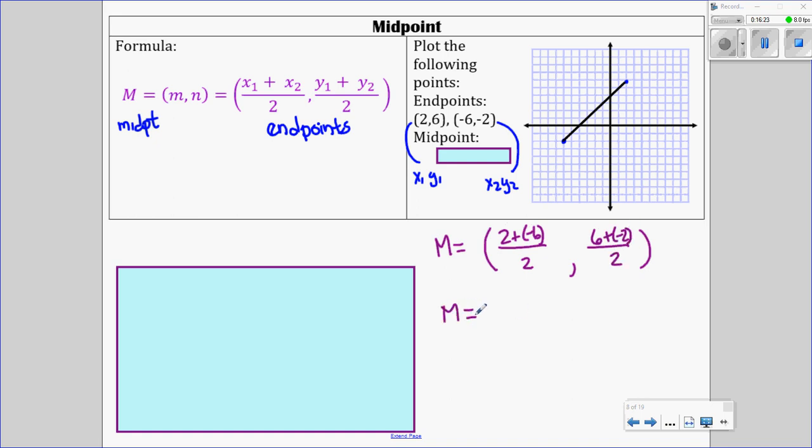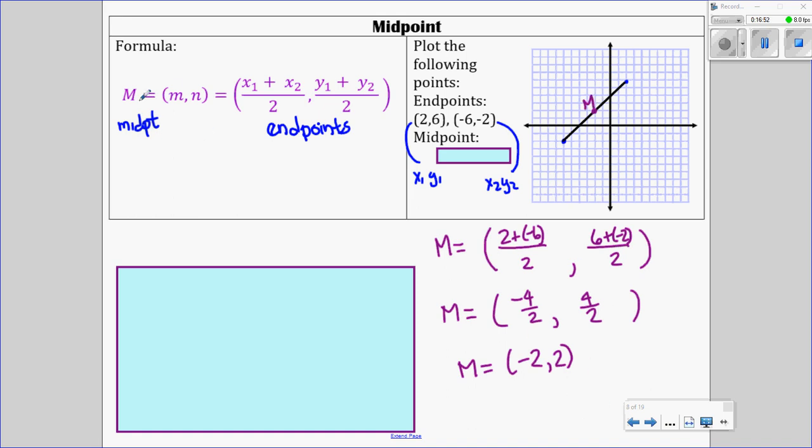And then m equals, so this would come out to negative 4 over 2, comma, 4 over 2. And then your m will equal negative 2, 2. So if we were to find negative 2, 2 right here, that's our midpoint. I'm going to put the m.